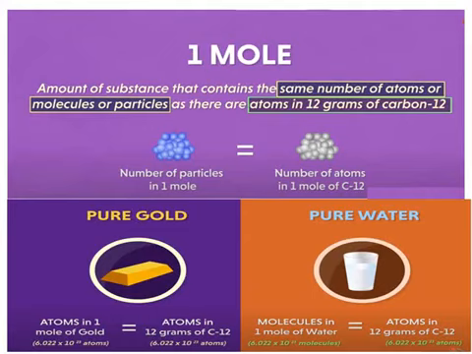It is the Avogadro's number. And that is equal to the atoms in 12 grams of carbon 12, which is again Avogadro's number. So the mole can be compared standardly to the number of atoms in 12 grams of carbon 12.